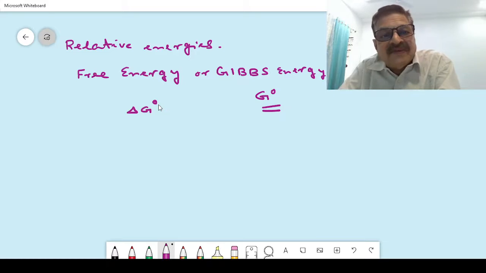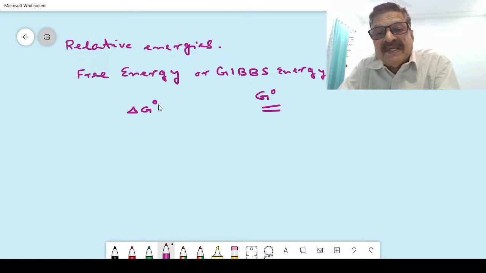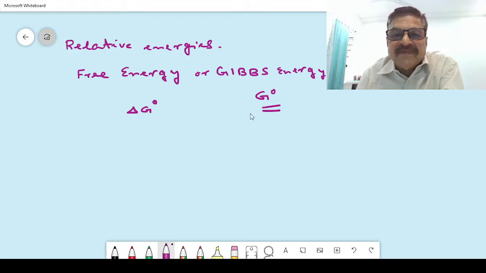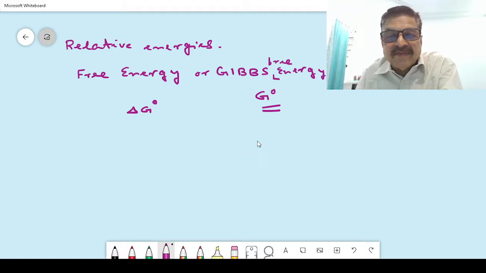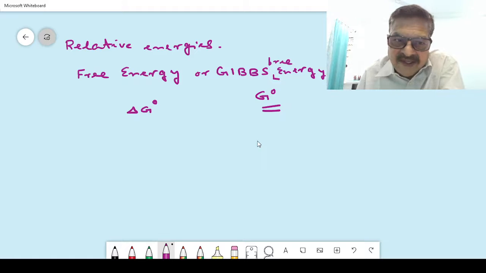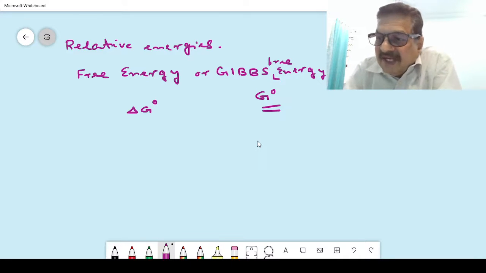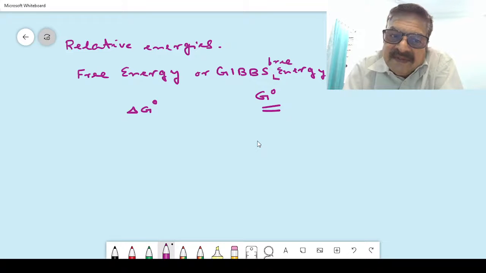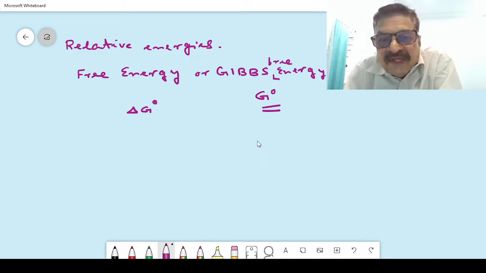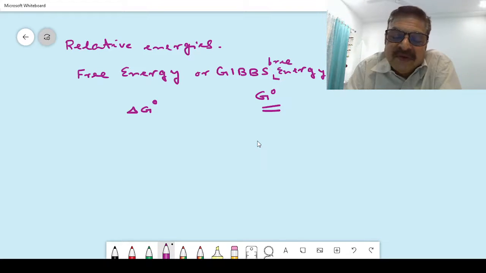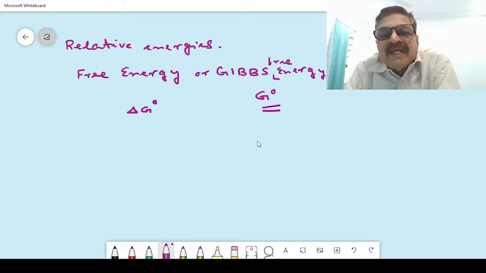That is the free energy, known as Gibbs free energy or Gibbs energy, whatever you call it, represented by G. So the change in free energy, delta G, between the reactants and the products, tells whether the products will predominate or the reactants will predominate.